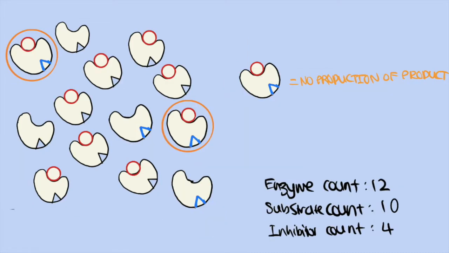Now, we will show an increase in substrate concentration. We can see that while we increase the substrate concentration, there will not be a large increase in product concentration. This is because when we increase the substrate concentration, while the substrate can bind to the enzyme inhibitor complexes, this does not increase product concentration, because when the substrate binds to form the enzyme substrate inhibitor complex, also known as the ESI complex, the ESI complex is not able to produce the product.